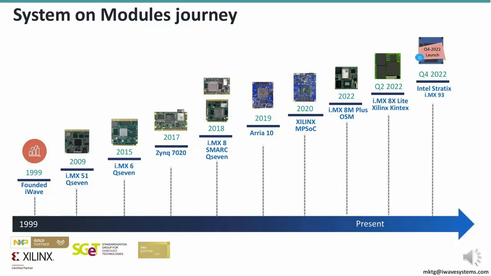Also focusing on the Xilinx UltraScale Plus MPSoC and FPGA system on modules. So we have a very strong portfolio of system on modules at iWave, continuously innovating on the latest standards and building the processing platforms for applications ranging from tablets to ultrasound machines to wearables.